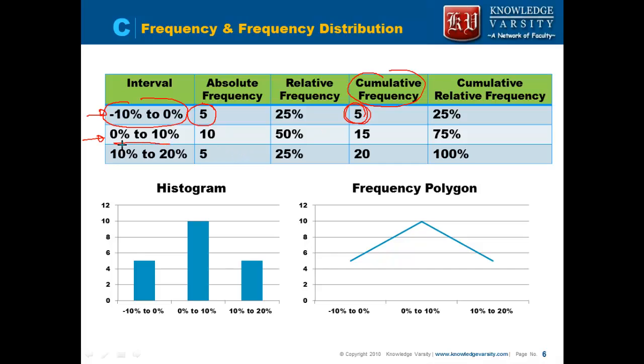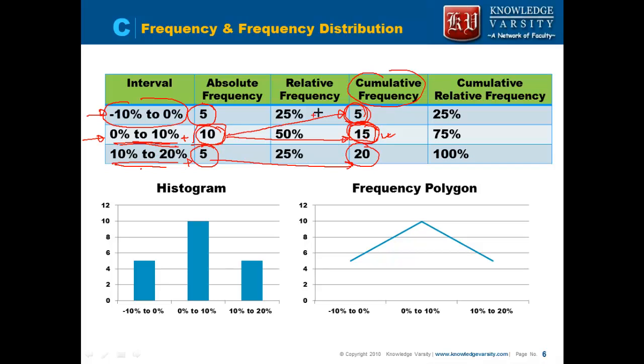But for the next interval, the absolute frequency is 10, so the cumulative frequency will be the cumulative frequency of the previous class plus the absolute frequency of this class. So 5 plus 10, it will be 15. The cumulative frequency of the third class will be the previous 15 plus 5, which equals 20.